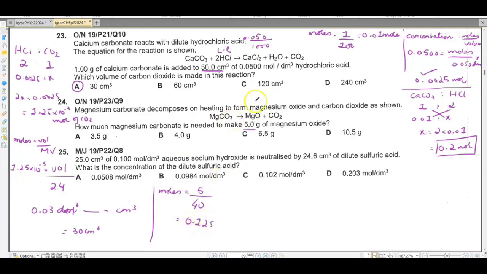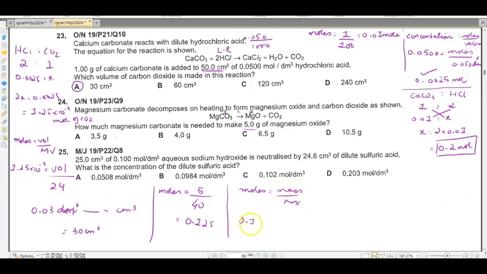And if we look at the reactants and products, magnesium carbonate and magnesium oxide are in a ratio of 1:1. So the moles of magnesium carbonate and magnesium oxide will be the same. So once we've found that, we can easily find the mass of magnesium carbonate, again using the same formula, moles is equal to mass over Mr.